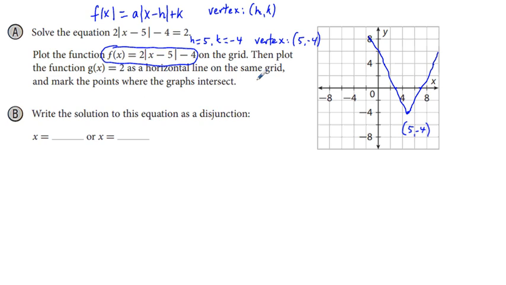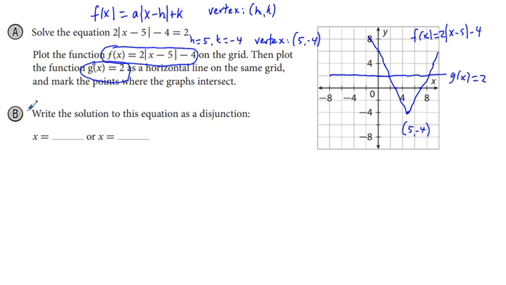Secondly, we're going to plot the function g(x) equals 2. So g(x) is equal to 2, and f(x) is equal to 2 times the absolute value of quantity x minus 5, minus 4.